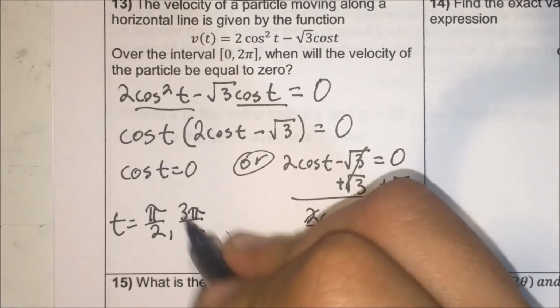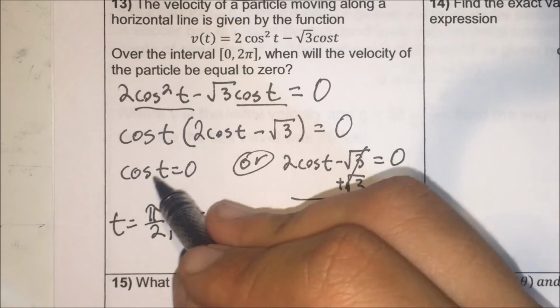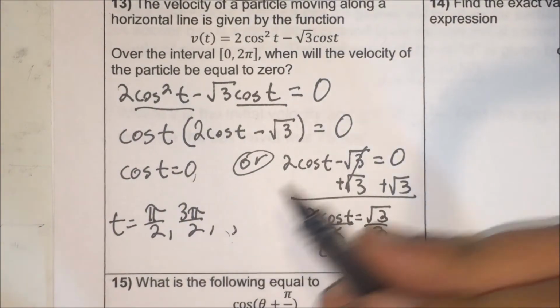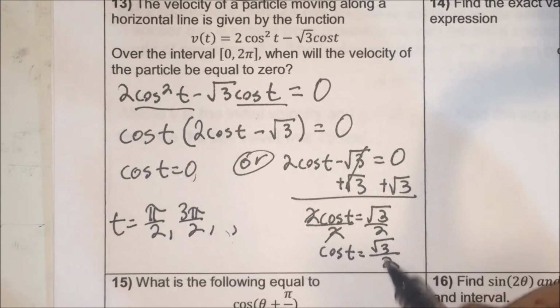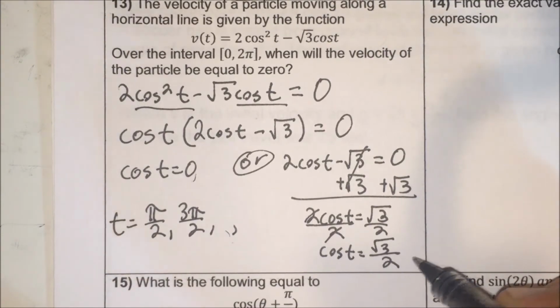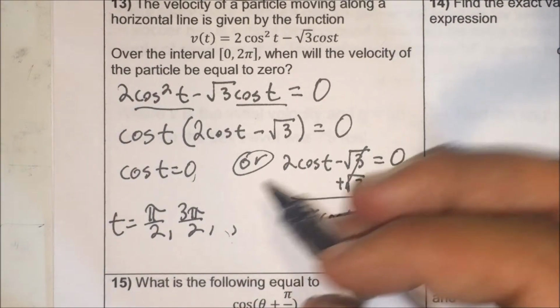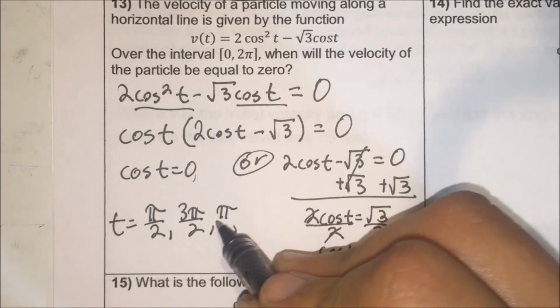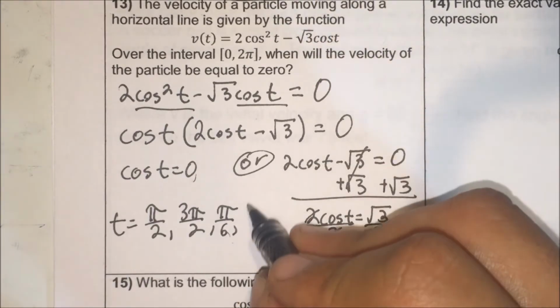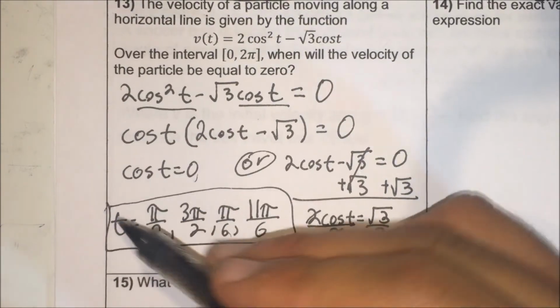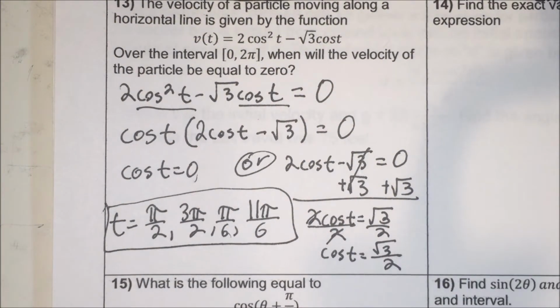Those radians give us a cosine where the x-coordinate is 0, right? But we also have to remember we're looking for the angles that would make cosine of t equal to the square root of 3 over 2. Again, looking on our unit circle, that's going to happen where we have a radian of pi over 6 or 11 pi over 6. And those 4 radians will be our answer.